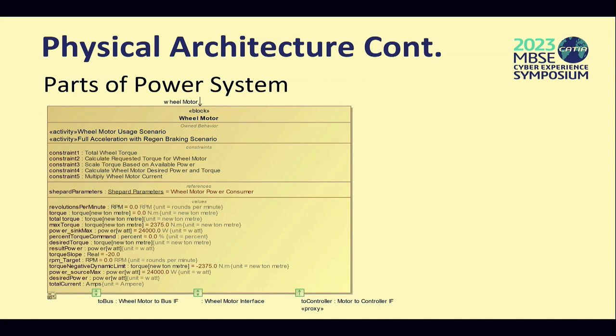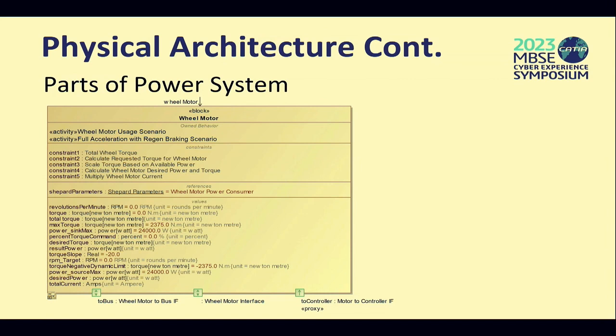So moving along to the wheel motors, there are quite a number of wheel motors in this system, and we'll also get into why we chose not to use multiplicity to show those wheel motors. In this case, I believe there were 32 wheel motors. Really, it comes down to the computation that the simulation would have to perform if we were to say that it had 32 wheel motors as the multiplicity.